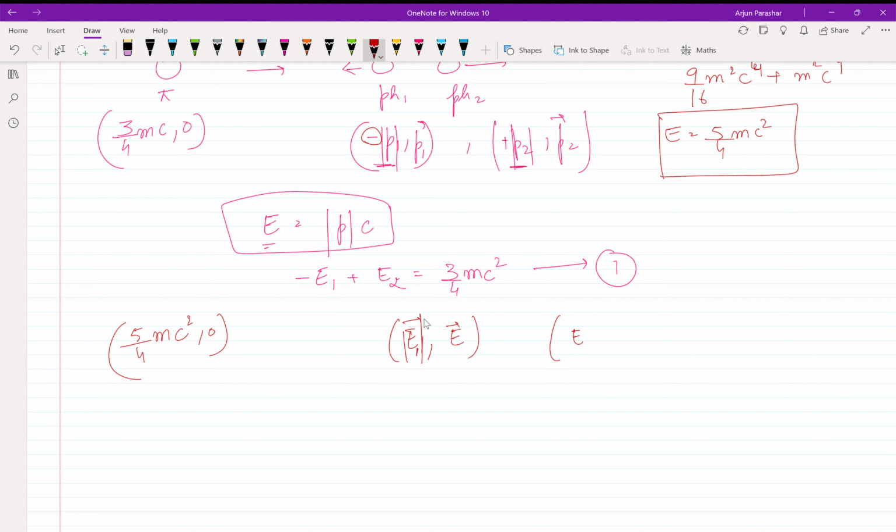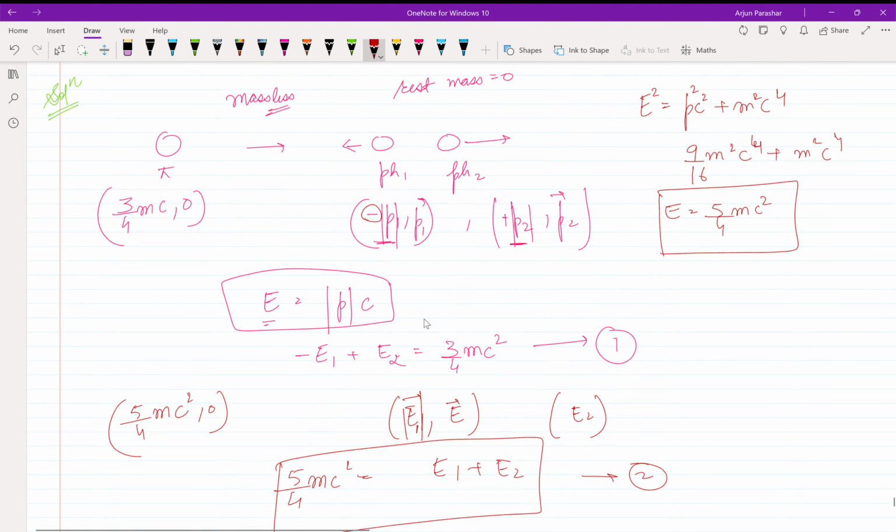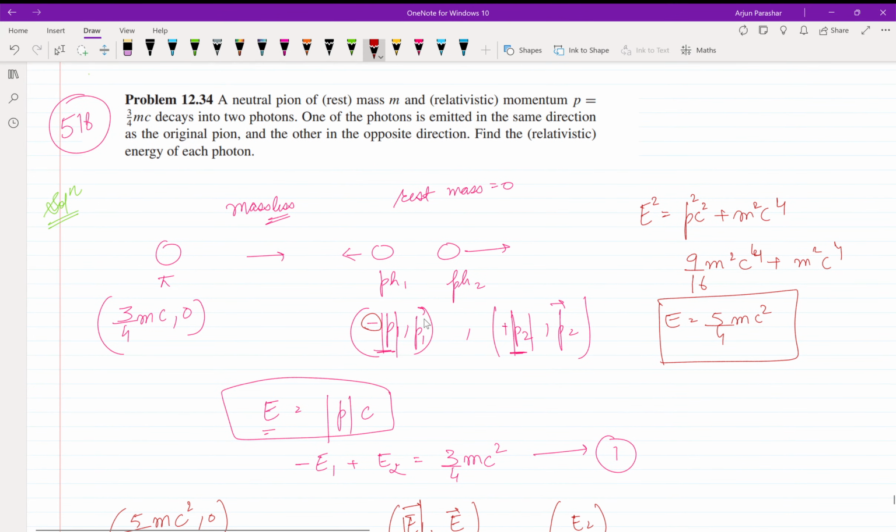Similarly for E2 also, it must be having some energy. And from energy conservation, 5/4 mc square is equal to E1 plus E2. This can be the second equation, because energy conservation should be there, and momentum conservation.